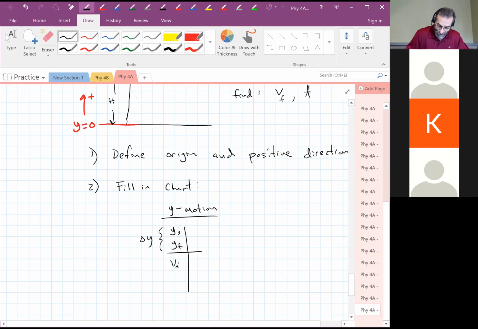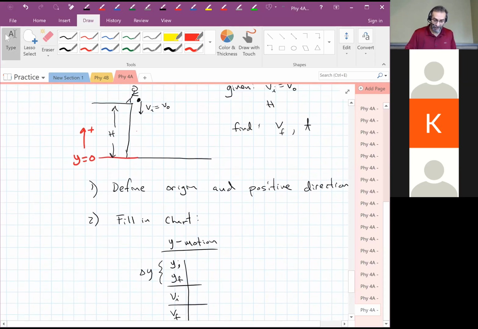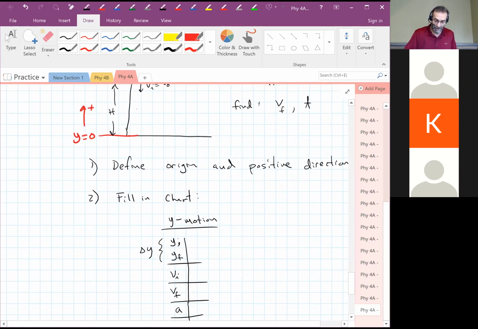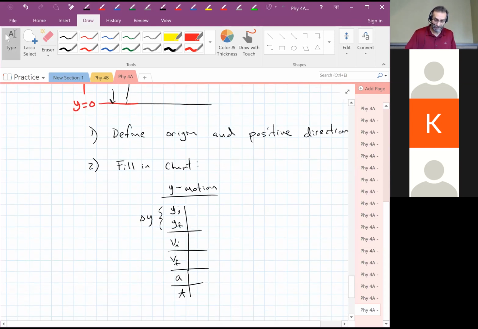We've got v initial, v final, acceleration, and time. So let's fill in what we know. That's why you have to define your origin and your positive direction first, because you can't fill in this table otherwise. So now I know where my origin is. So where am I starting? Well, why don't I just give you a minute to fill in this table based on my origin and my positive direction.